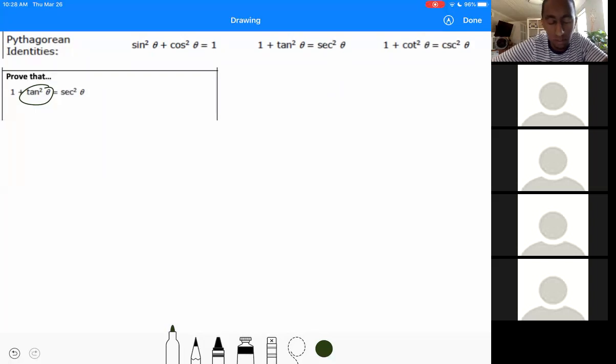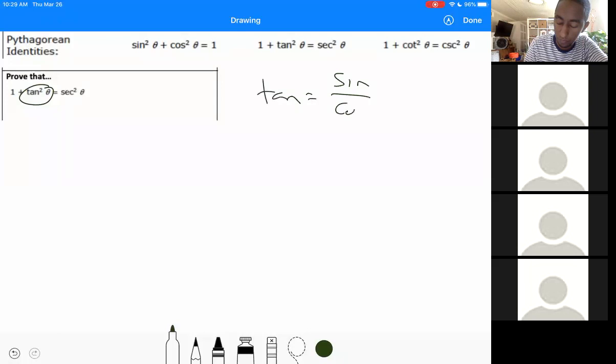What identity could we use from before? Sine squared of theta over cosine squared of theta. Okay, very good, because tangent is equal to sine over cosine, right?